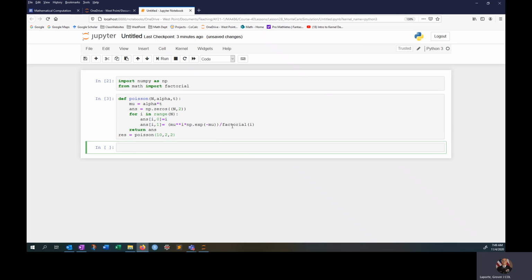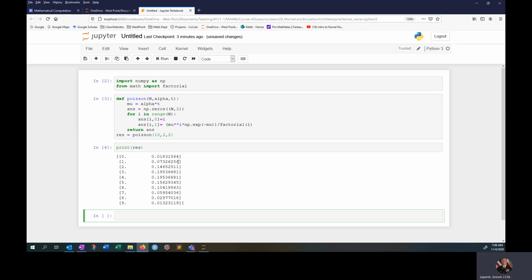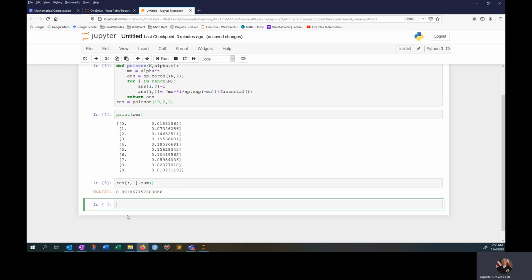Let's see what happens here. Okay, so that looks like the same numbers that we had before. If I did result, all the rows in column 1, our second column, dot sum, let's see what that comes up to: 0.99.